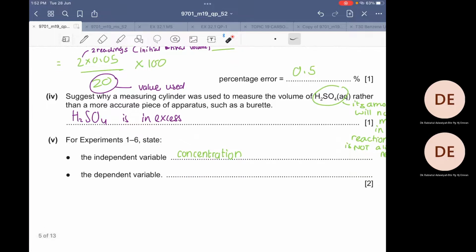Since we're investigating rate, change in concentration over change in time is what we are investigating here. Concentration of iodide ion.